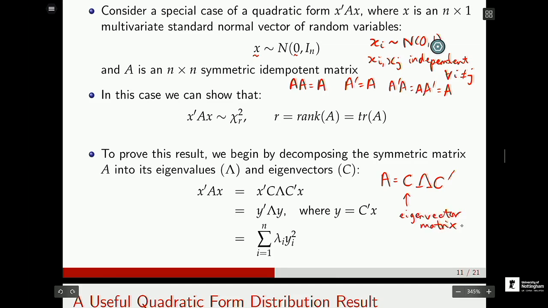Each column is a different eigenvector, and lambda is the diagonal eigenvalue matrix. Remember, we've got lambda 1, lambda 2 down to lambda n on the diagonal, zeros everywhere else. And we can always decompose symmetric matrix A into this form.